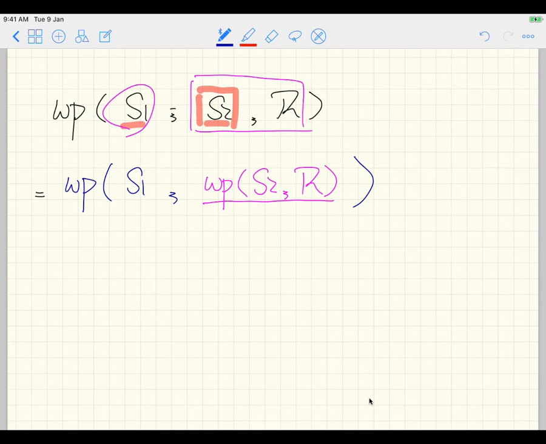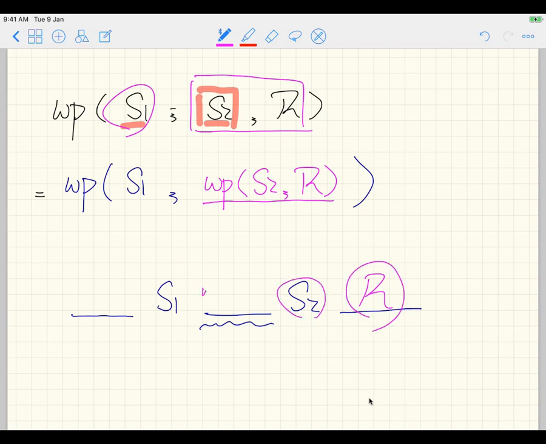I'll repeat. This is how you can think of it. We have S1 and S2. These are the two programs. We have one state here, another state here, and another state here. Apparently these are the intermediate states. The final state we want to establish is just R. In order for S2 to establish R, we want to make sure the intermediate state is no weaker than the WP for S2 to establish R. Agree?